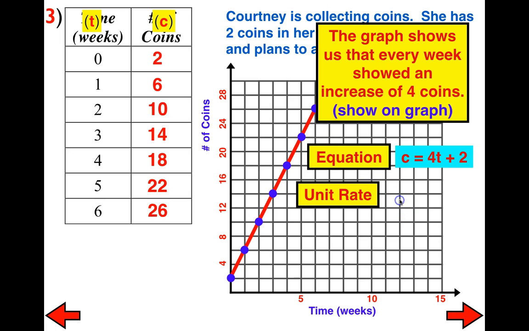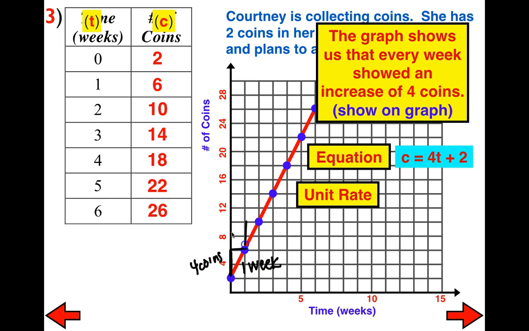Okay, our unit rate would be here, if you take a look, every single time she is getting 4 more coins for each 1 week that passes by.